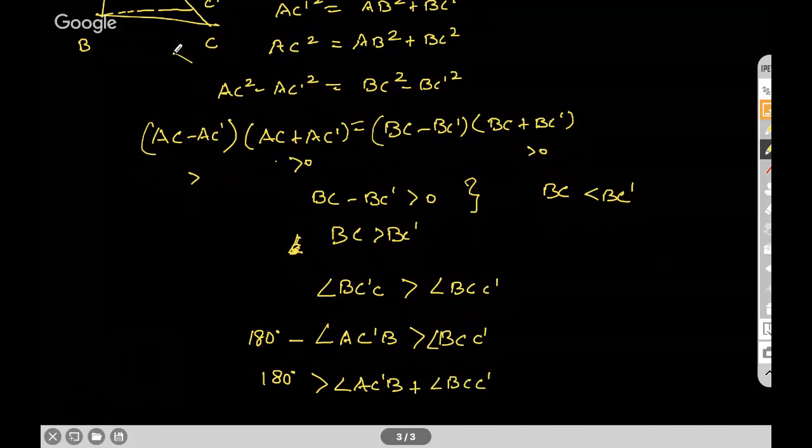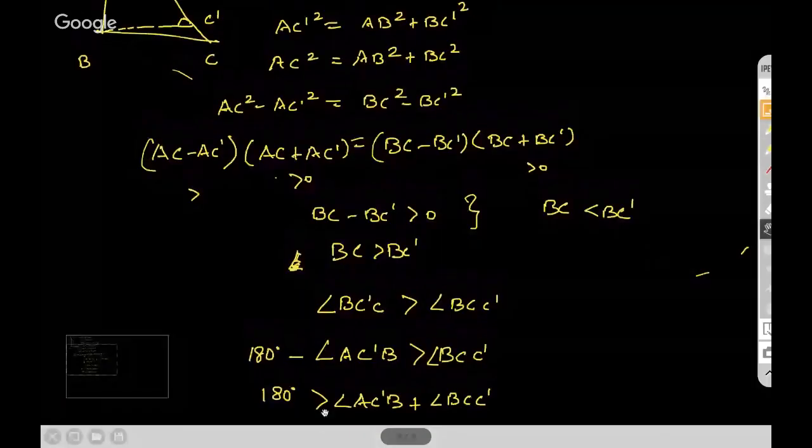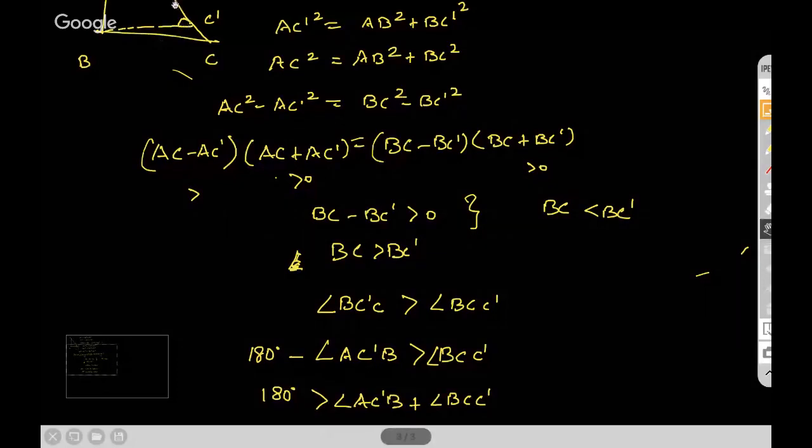Now check what is AC dash. Angle AC dash B is this angle, I can't show it here. So 180 degrees is greater than AC dash B plus BCC dash, so this plus this, isn't it?